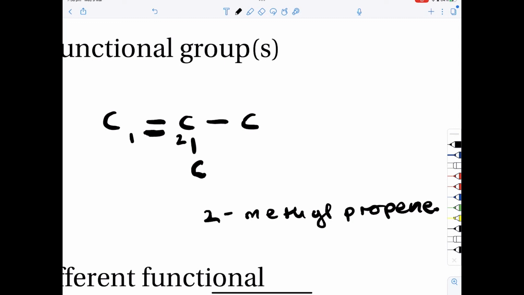Forget about the double bond. I know this should be 2-methylprop-1-ene, but I'm asking you about the 2-methyl. Do we see that methyl group there? Do I have to call that 2-methylpropene? Yes. Oh no, wait. Okay, to answer the question, no, you don't.